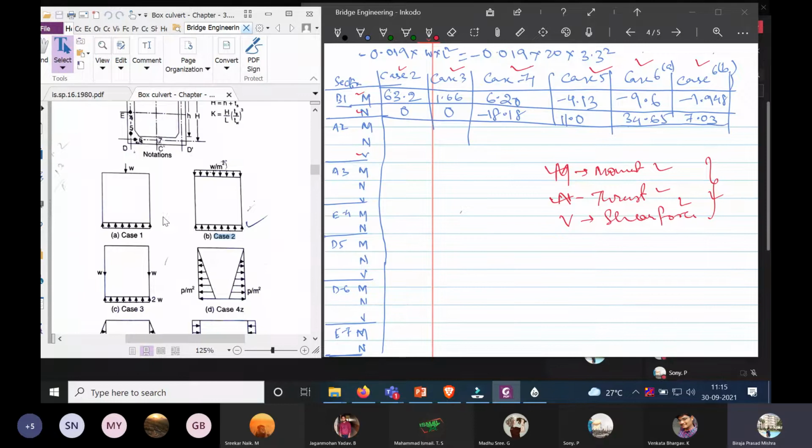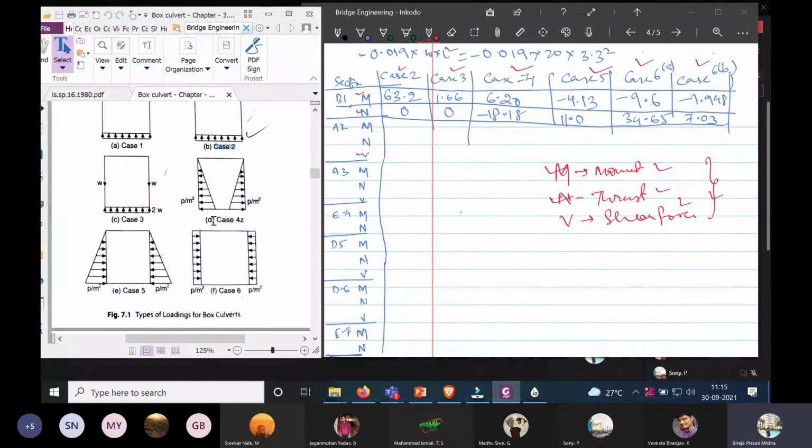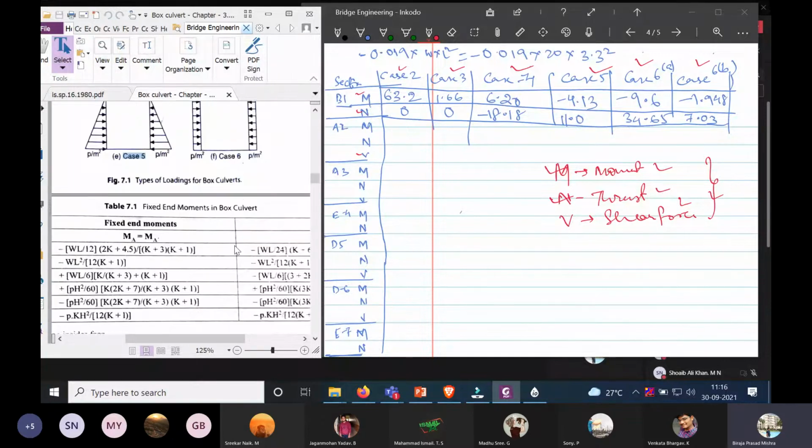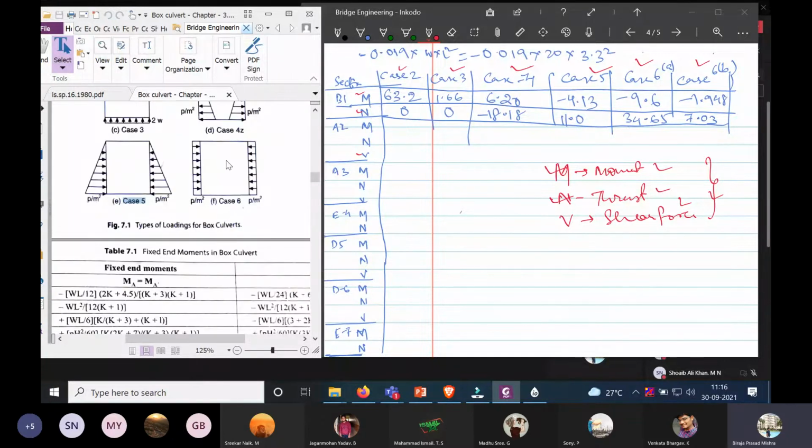The fourth case is the intensity of water pressure. The fifth case is the vertical soil pressure on the side faces, or the soil pressure on the vertical side walls. Next one is the surcharge due to dead load and live load.